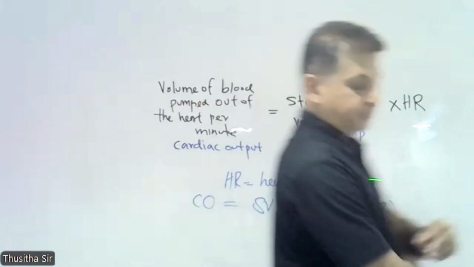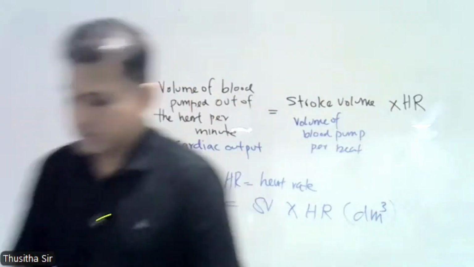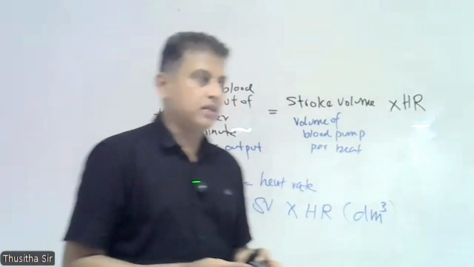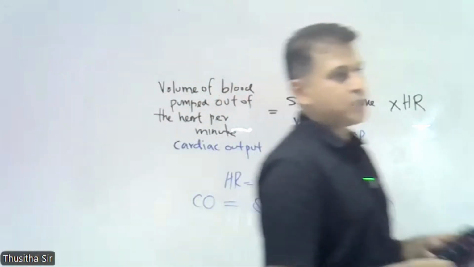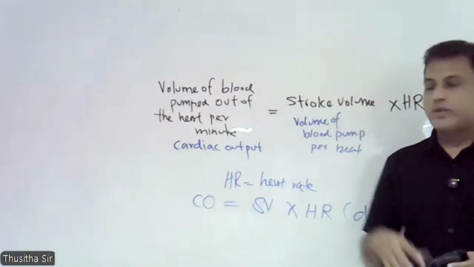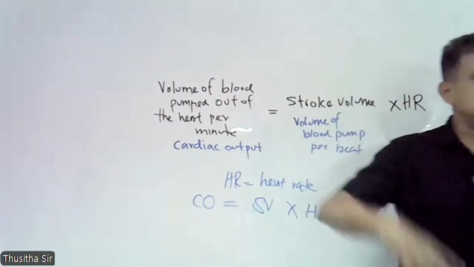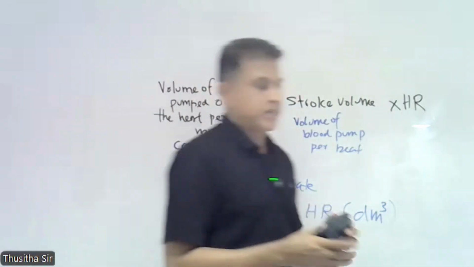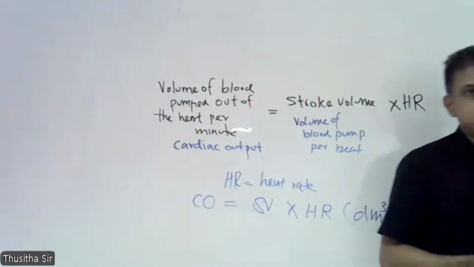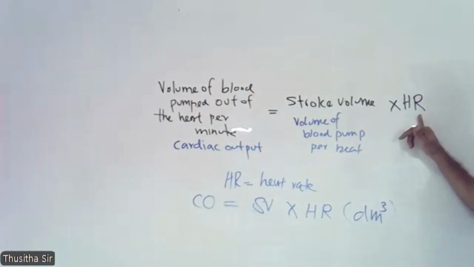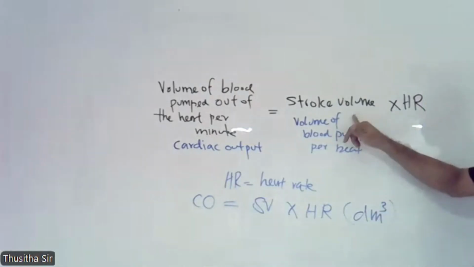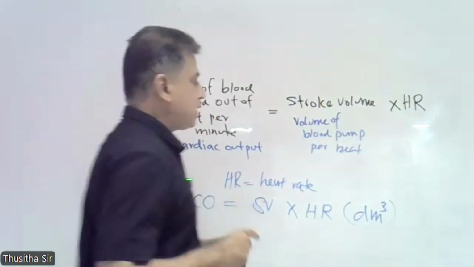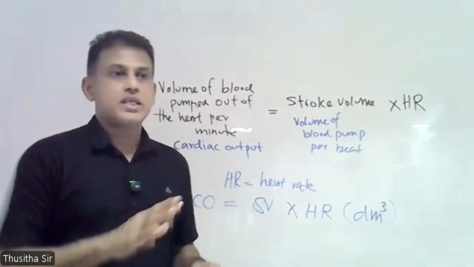Okay, now before we learn how the heart rate is regulated, for example, the resting heart rate is 75 beats per minute. This is done within the heart. The SA node makes this contraction and relaxation. But when we're doing exercise or other activities, the heart rate should go up. The stroke volume is not changing much, because the volume of blood pumped per beat is more or less the same.